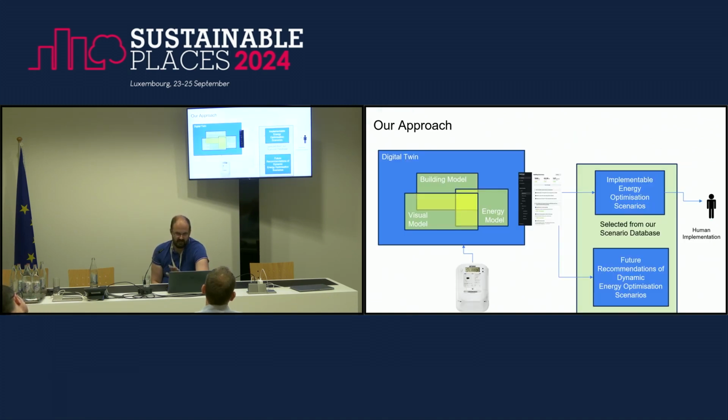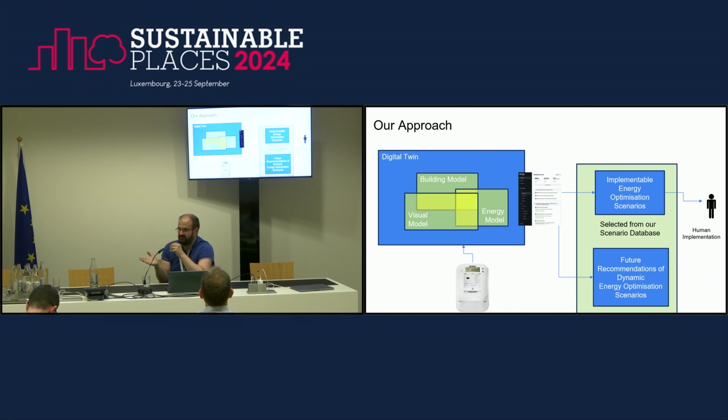And our approach is really that our digital twin is made up of input from sensors and meters, a model of the building, which is a spatial model, so your BIM kind of thing, a visual model, not really needed to provide any data, but customers love a visual model, so we've got a visual model, and we've also got an energy model that underpins it.